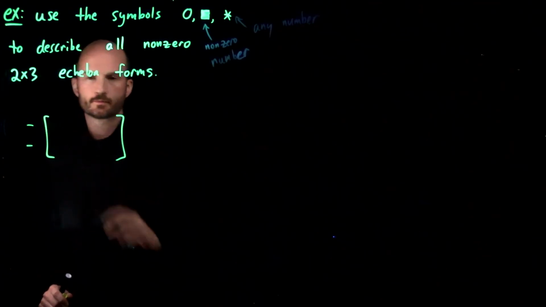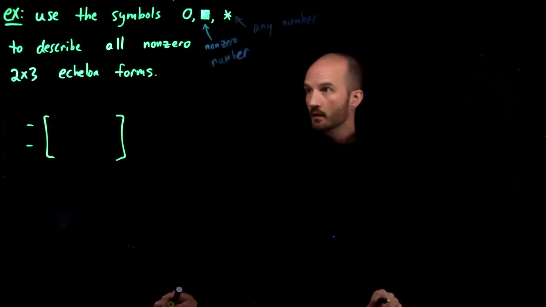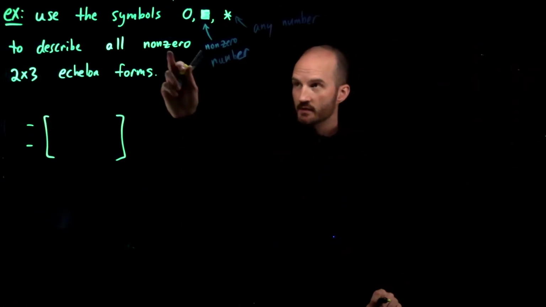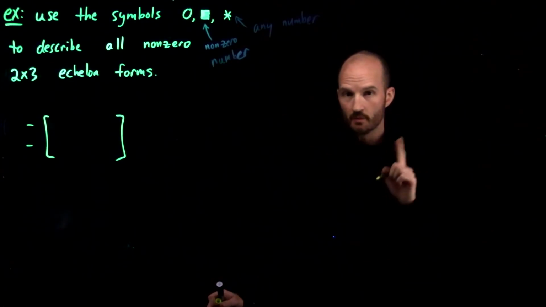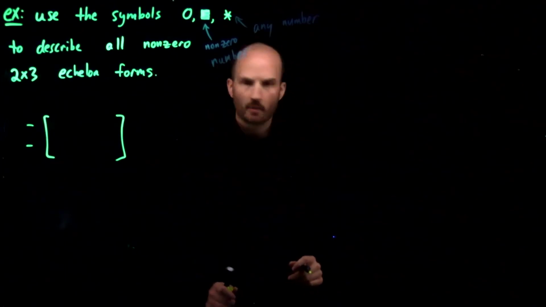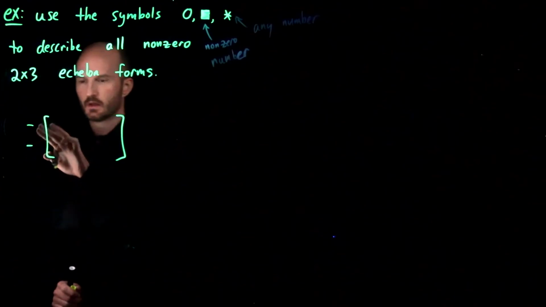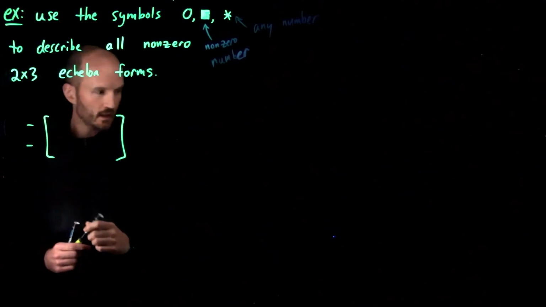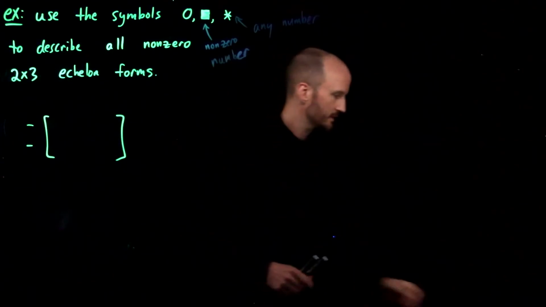There are 2 rows. And the matrix is non-zero. So that means there is either 1 pivot or 2 pivots. So I'll break it up that way, and I'll start with the case of 1 pivot.